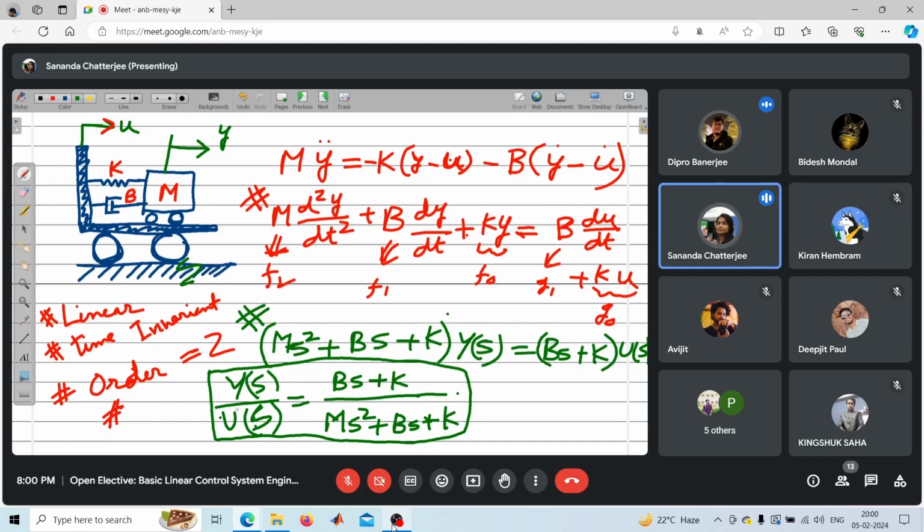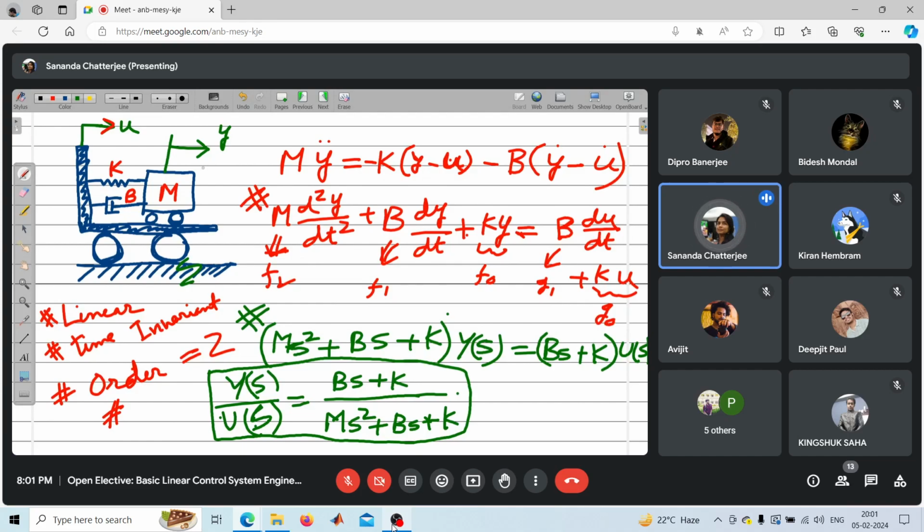mathematical representation. As we are talking about mathematical representation of a system, first we find the differential equation representation of a physical system using the corresponding physical laws. For this type of mechanical system we use Newton's second law, and from there we get the differential equations. If we see that it is linear and time invariant, then we can think about the transfer function representation.